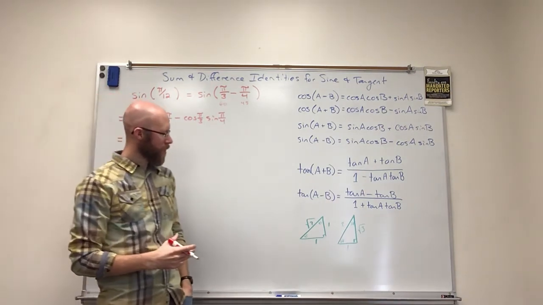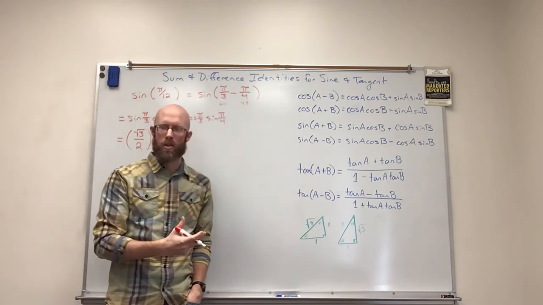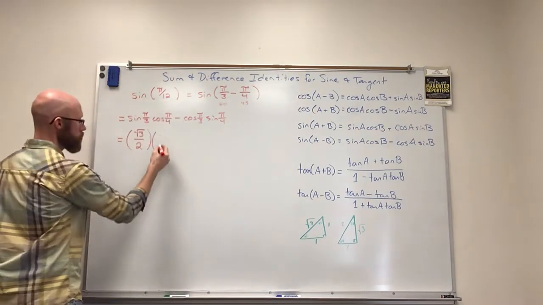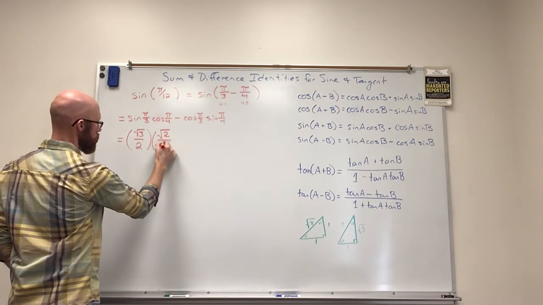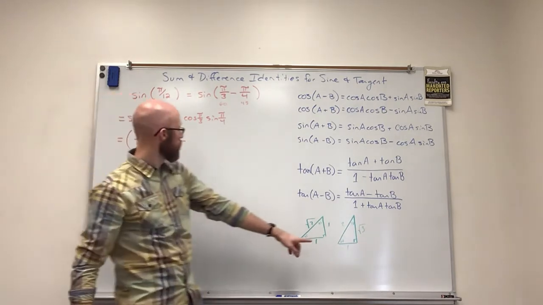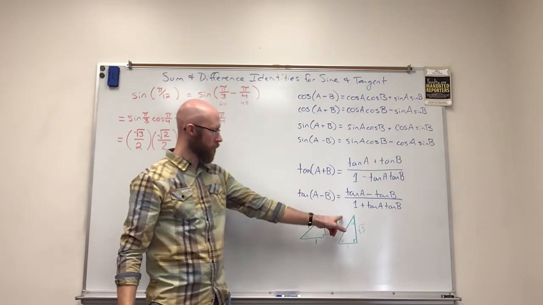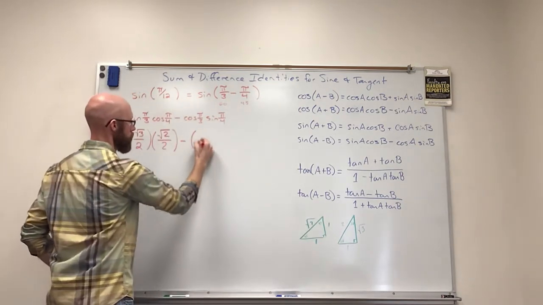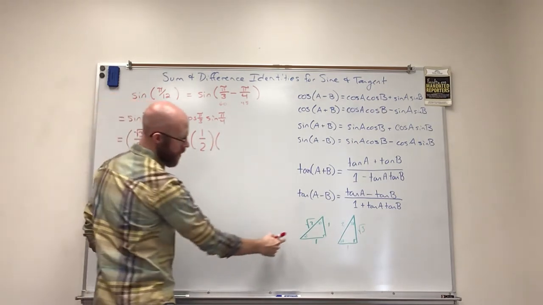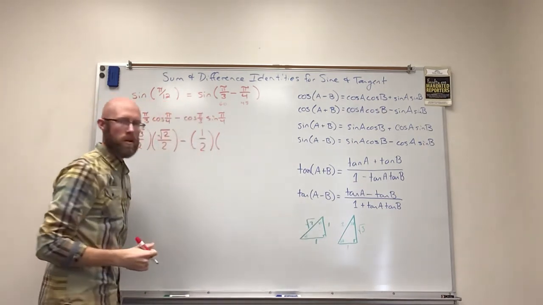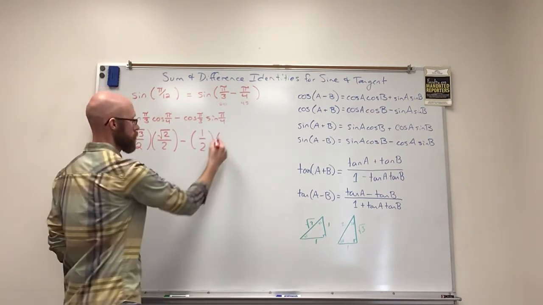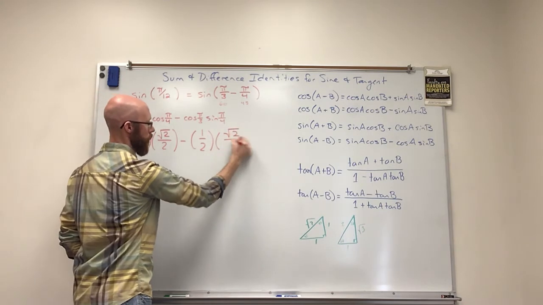You don't really want to leave 1 over root 2, we want to rationalize that. We've seen this before, it's root 2 over 2 when you rationalize. So let's use square root 2 over 2. The cosine of pi over 3, cosine of 60 is adjacent over hypotenuse, that's 1/2. And the sine of pi over 4, sine of 45 is 1 over root 2, which again rationalizes to root 2 over 2. So we'll put in square root of 2 over 2.